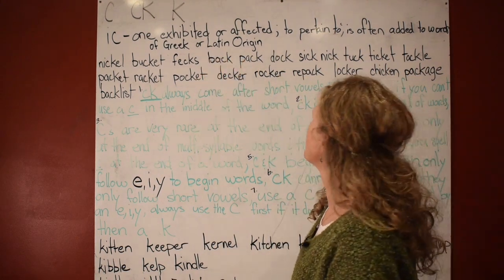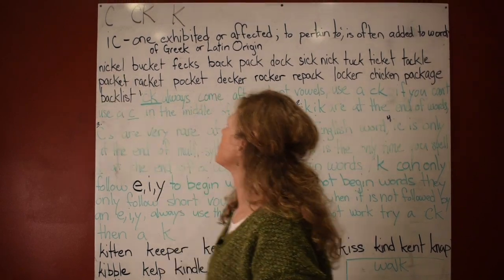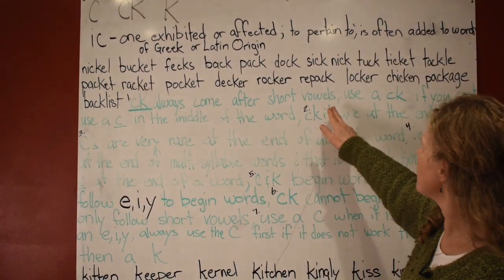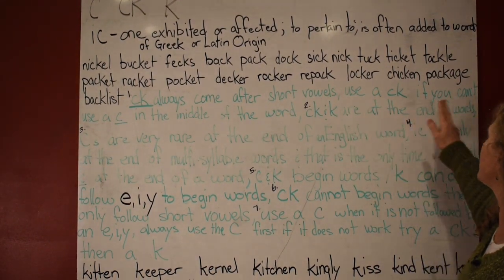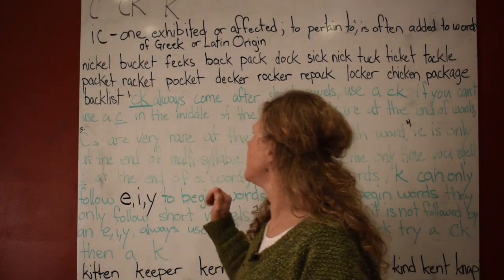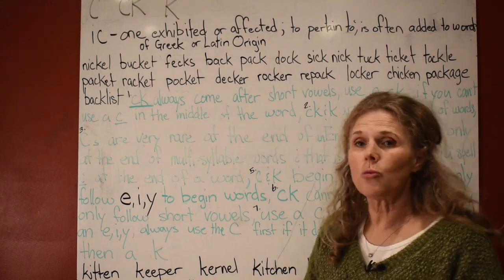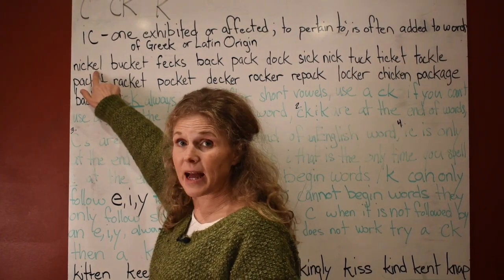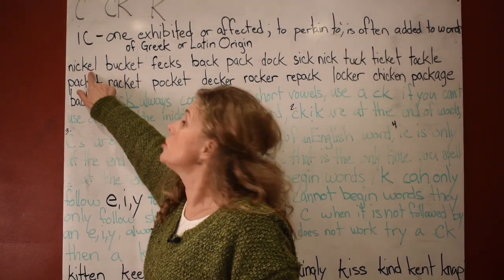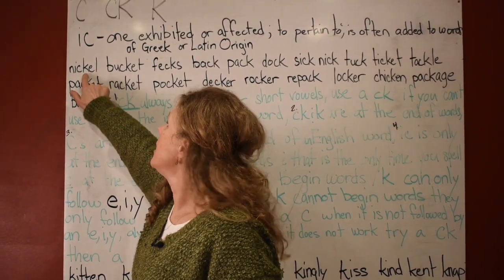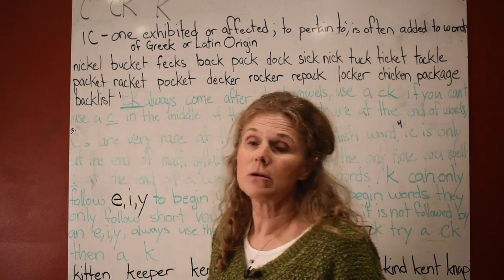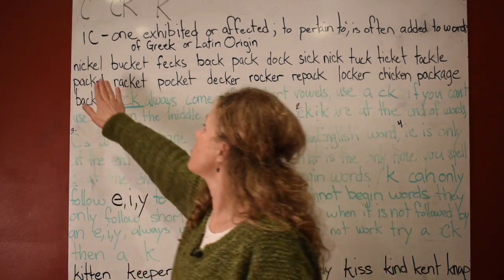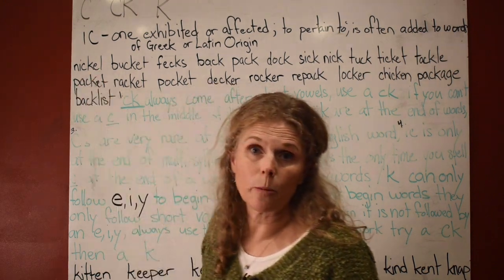Okay, we're going to focus on this word, nickel. CKs always come after short vowels. Use a CK if you can't use a C in the middle of the word. We can't use a C because it is followed by an E, I, or a Y. If you put a C right here, it would probably say nisel because it would keep it open.